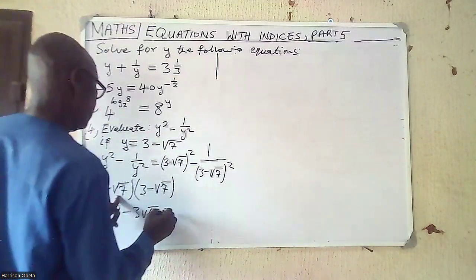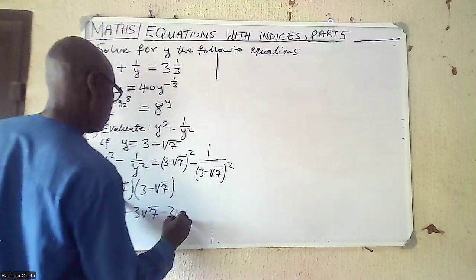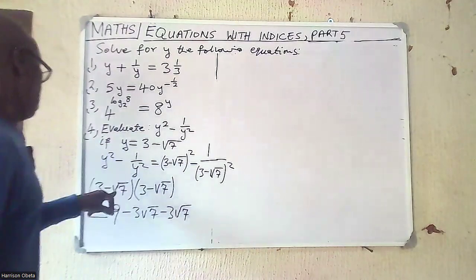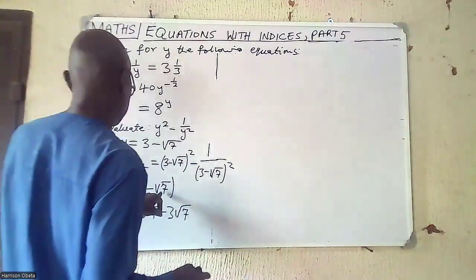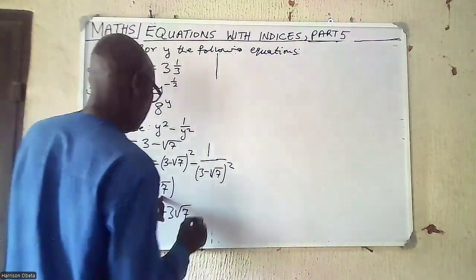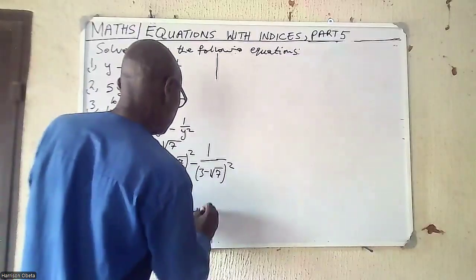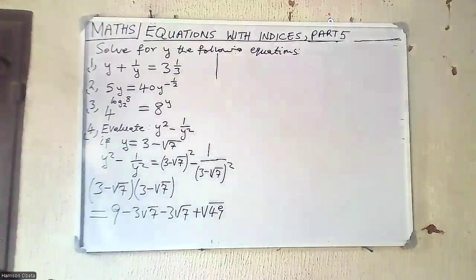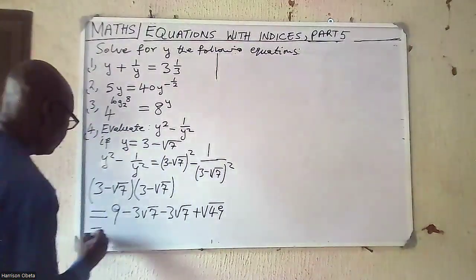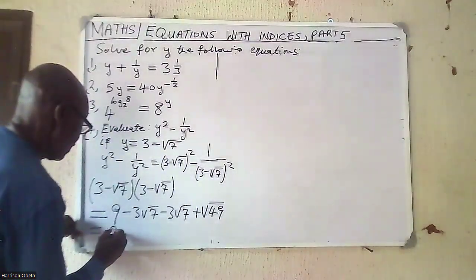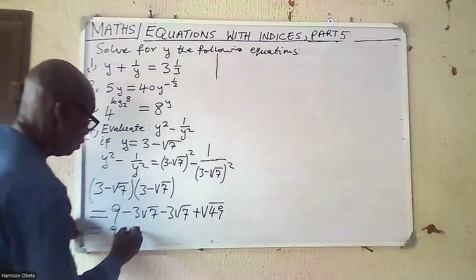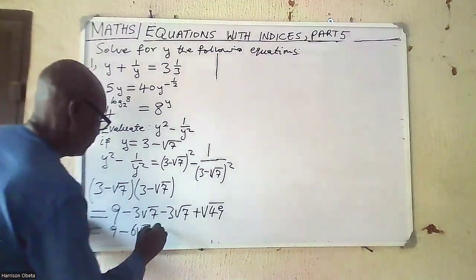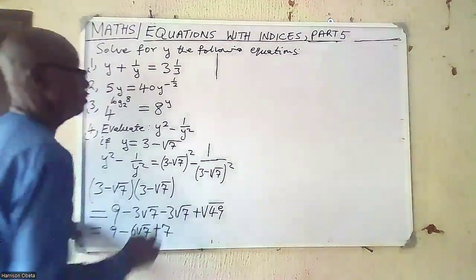Minus root 7 times 3, minus 3 root 7. Minus root 7 times minus root 7 will give us plus root 49. And simplifying further, we have 9 minus 6 root 7 plus 7.